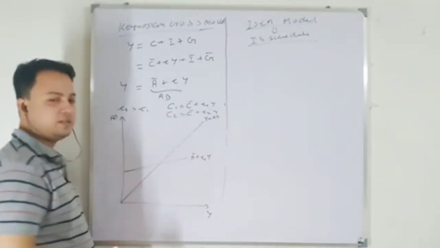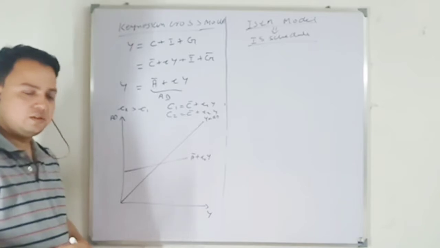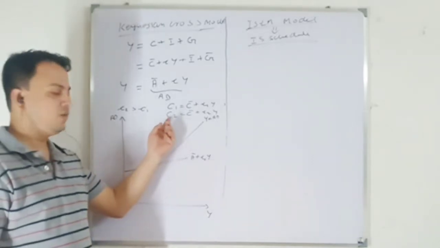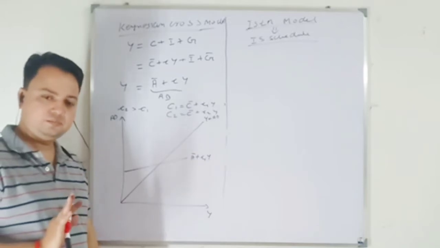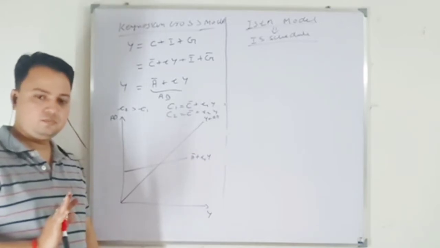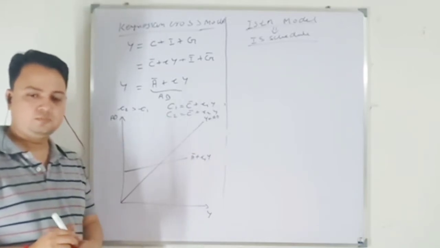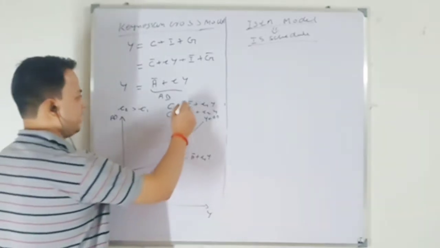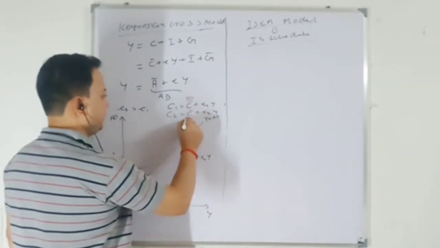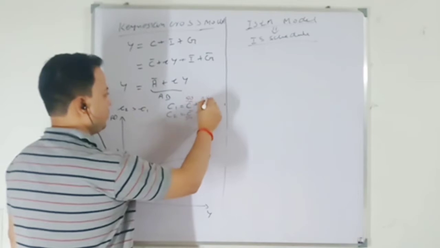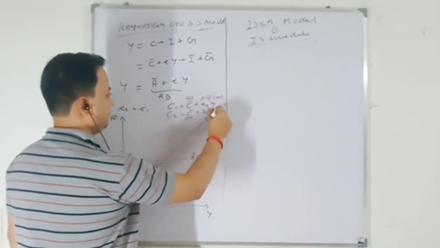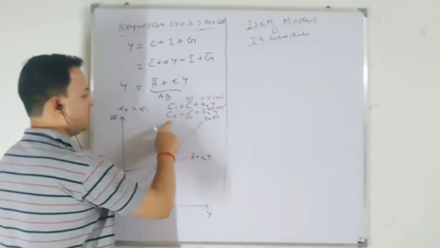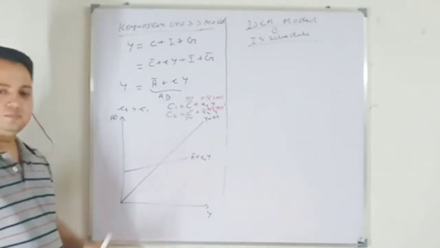Here my MPC is high, so my consumption will be higher here than here. Everyone agree? Yes, no? For the same autonomous part, say 50 and 50, if this is 0.5 and this is 0.75 and income is 100, my consumption will be higher here than here.